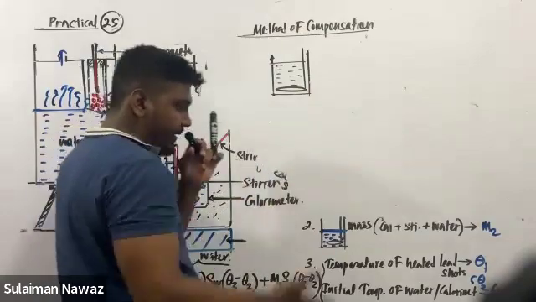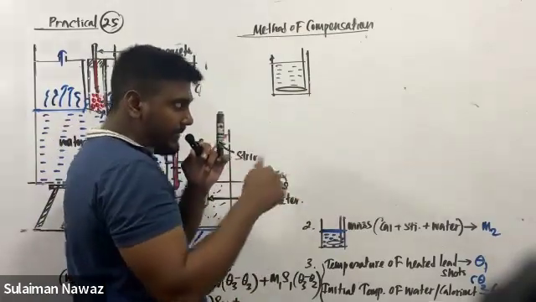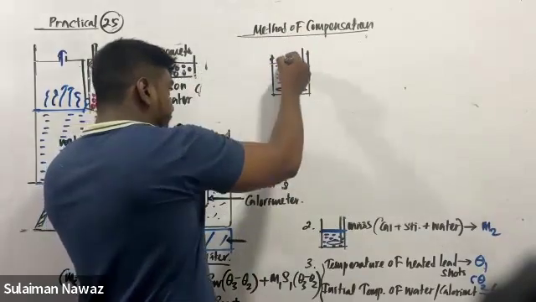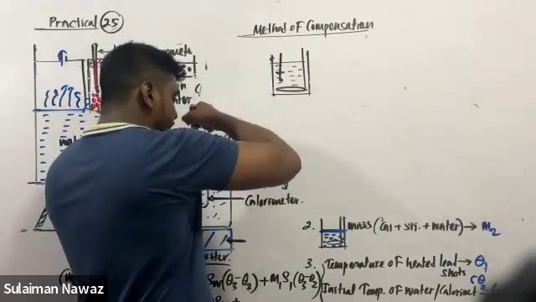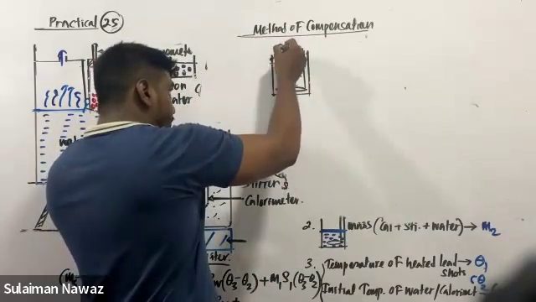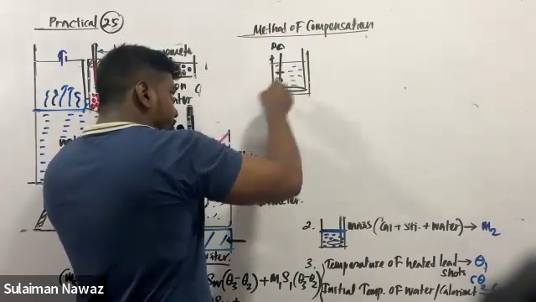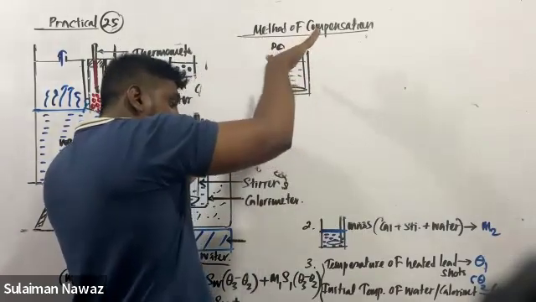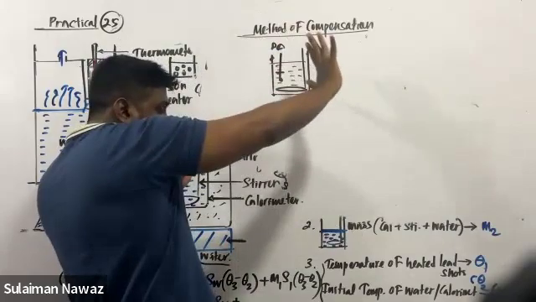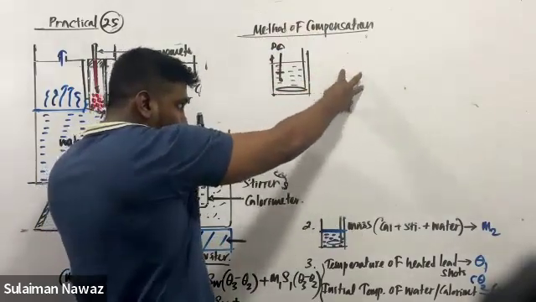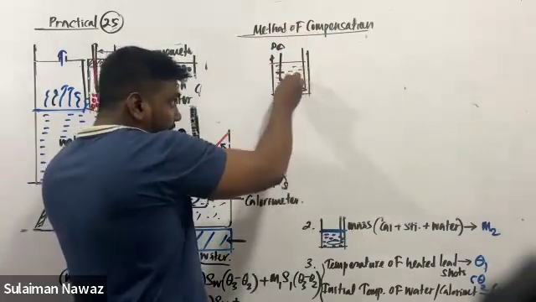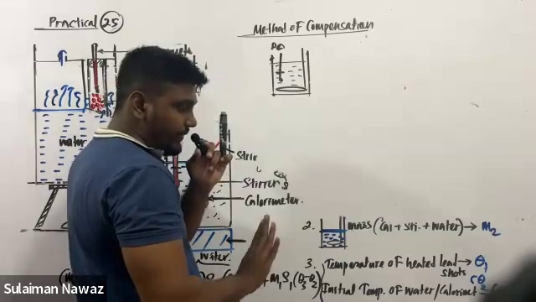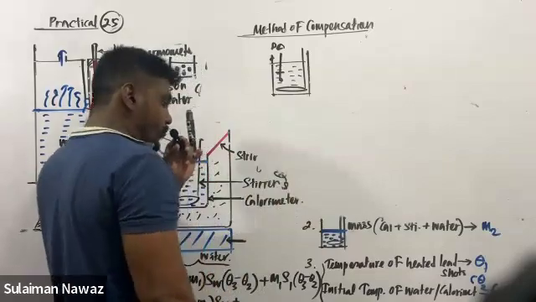Let's say your room temperature is 30 degrees Celsius. By adding some ice cubes, using the thermometer, you reduce the temperature of the calorimeter with the water to 5 Celsius less than the room temperature. If your room temperature is 30, the temperature of your calorimeter is 25 degrees Celsius.